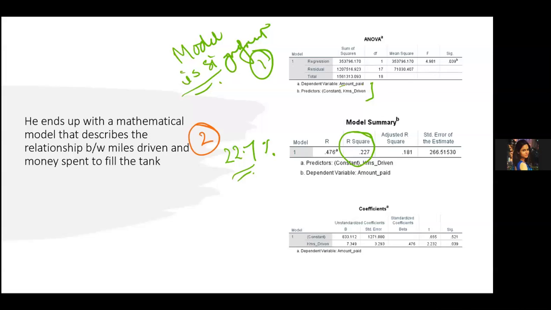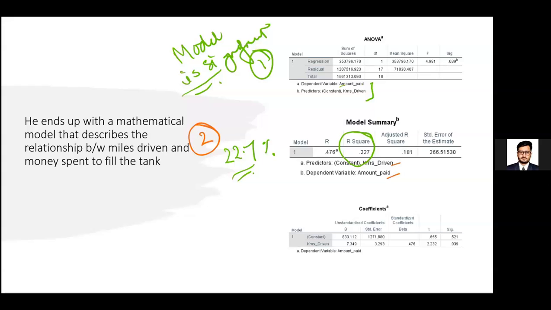Okay, 22.7% variance explained. Can you again tell me what you understand by this variance? What do you understand by R square? Explain 22.7% in terms of dependent and independent variables. So 22.7% means? Ma'am, it is a low R-squared value.